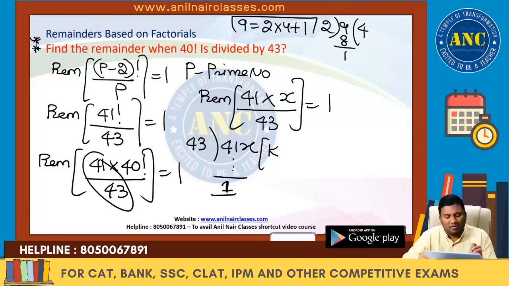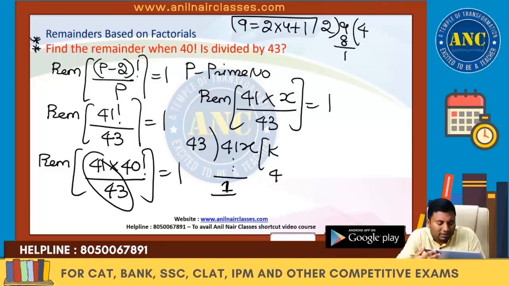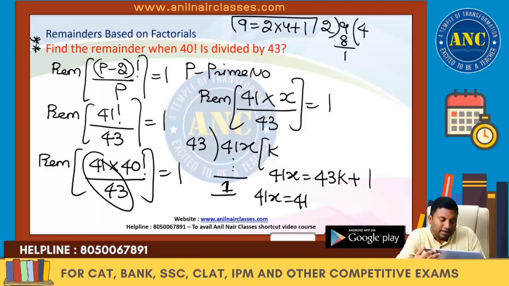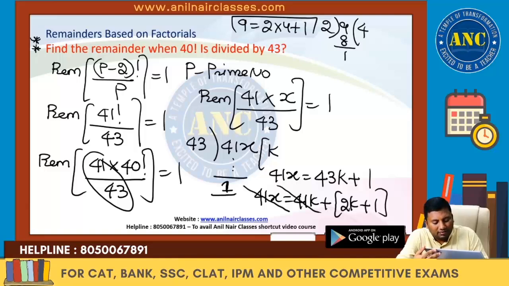Listen carefully. Very, very good questions. 41x is equivalent to 43k plus 1. So 41x is nothing but 41k plus 2k plus 1. This is divisible by 41, so 2k plus 1 should be divisible by 41.